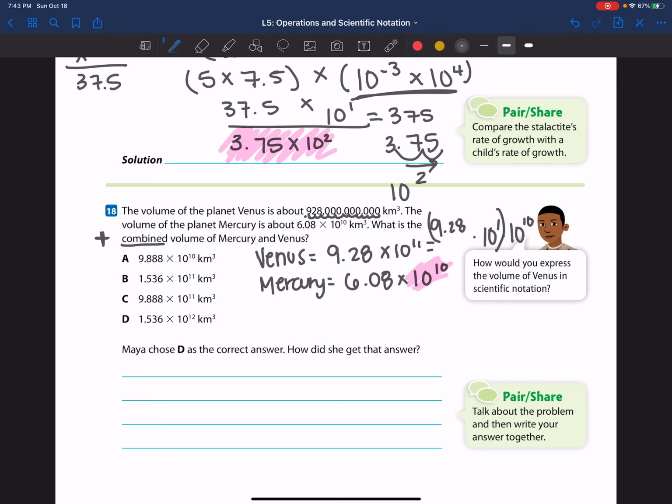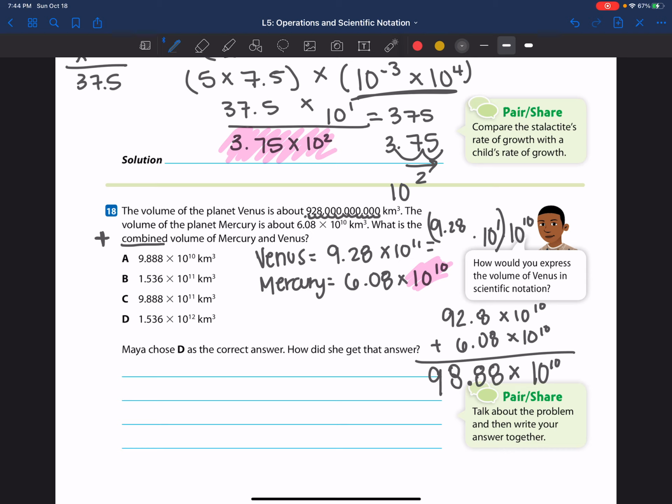I'll regroup those, and that becomes 92.8 times 10 to the 10th plus 6.08 times 10 to the 10th. All I'm going to do now is keep my 10 to the 10th the same, and add these here.